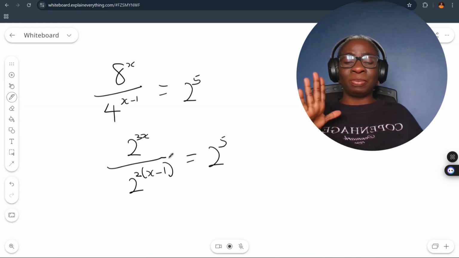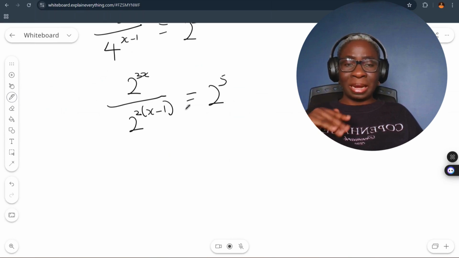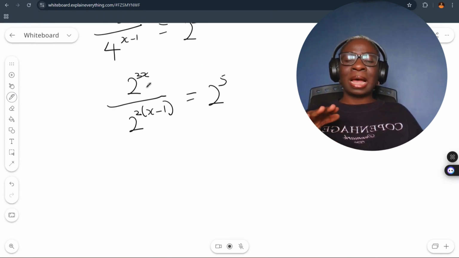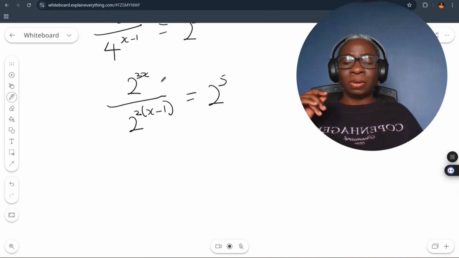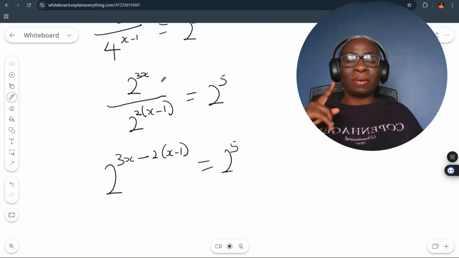So let's first simplify the left hand side. Don't forget that when we have divided by like this in indices and the base are the same, then we can subtract the power. Don't forget the law of indices, so that for the left hand side we would have 2 raised power 3x, then minus 2 into bracket x minus 1, and that would give 2 raised to power 5.